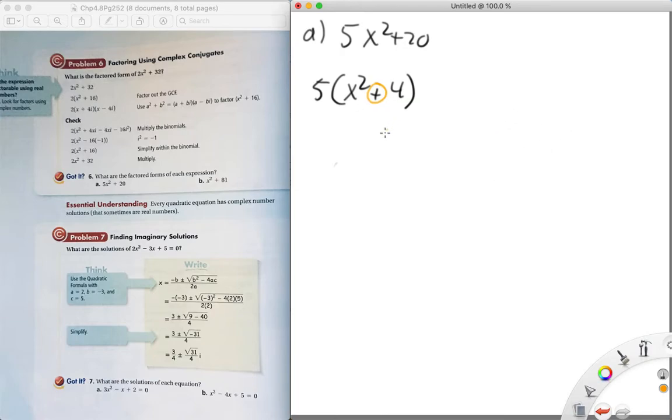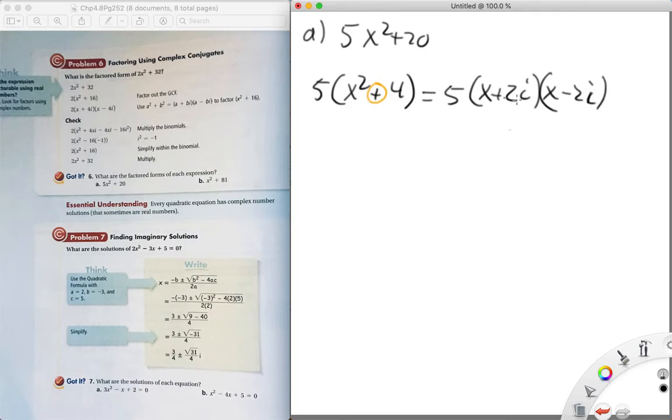So if it's a squared plus b squared, I can say that it's a plus bi times a minus bi, and this is a complex conjugate. So the square root of x squared is x. The square root of 4 is 2, so x plus 2i, and then x minus 2i.